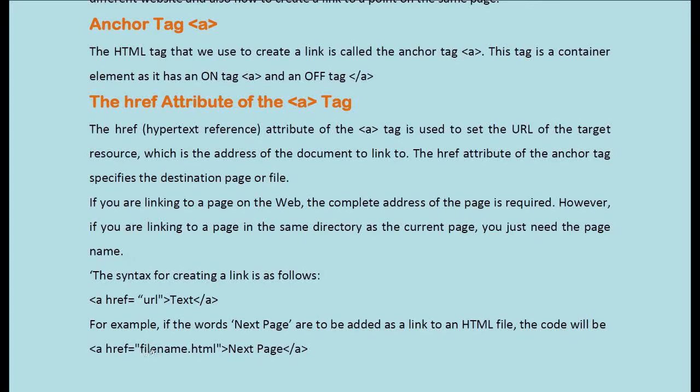As you know, HTML document files are saved with the HTML extension. That means the file name, it can be your name, followed by dot HTML, and on this particular word, next page, it will create a link.